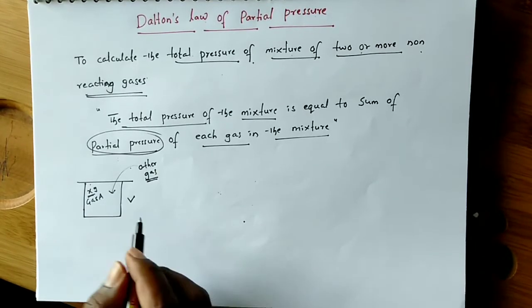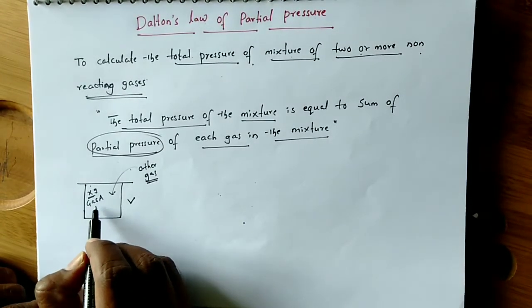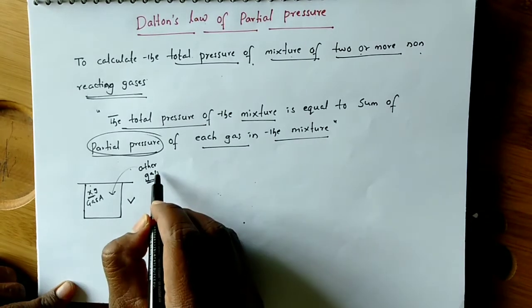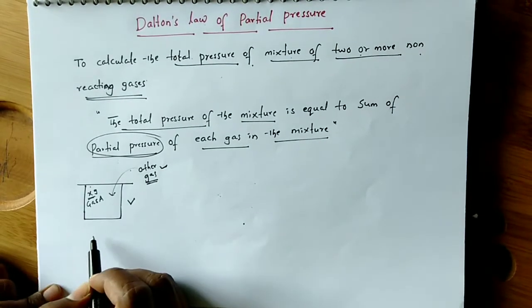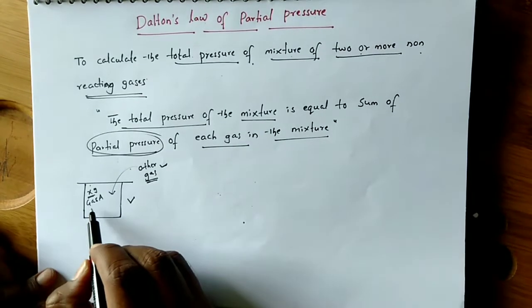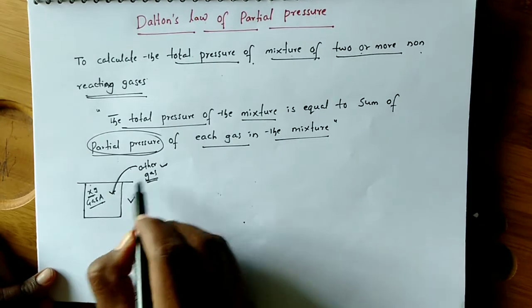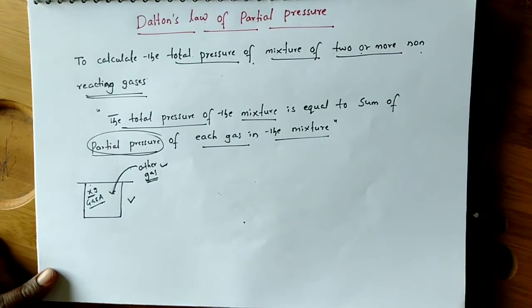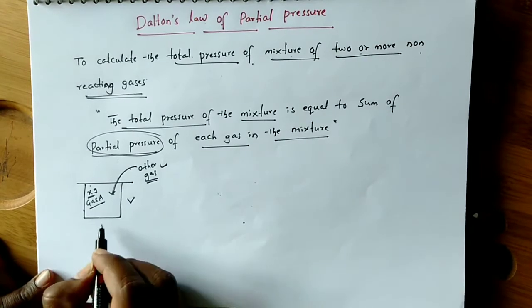So when the gas is present along with the other gases, the pressure exerted by gas A is the partial pressure. In this state, the pressure exerted by gas A is the partial pressure.